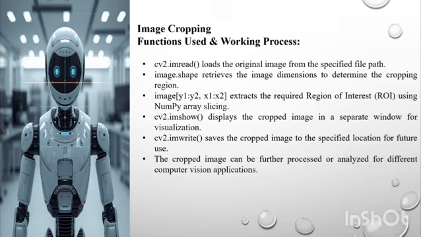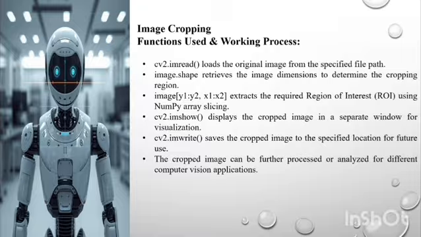Functions used and working process. The cropping process also begins by loading the image using the cv2.imread function. The image.shape attribute retrieves the image dimensions, which help in selecting the required cropping region. Next, the crop coordinates are defined by specifying the starting and ending positions.